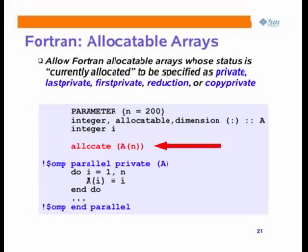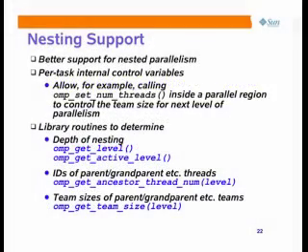Nesting support: there's much better support for nested parallelism in this 3.0 specification. So what we have now is per task internal control variables. So you can actually call OMP_SET_NUM_THREADS inside a parallel region and control the team size for the next level of parallelism. This was not possible in 2.5.